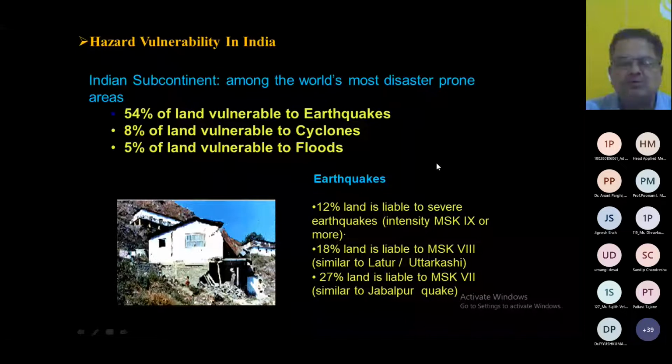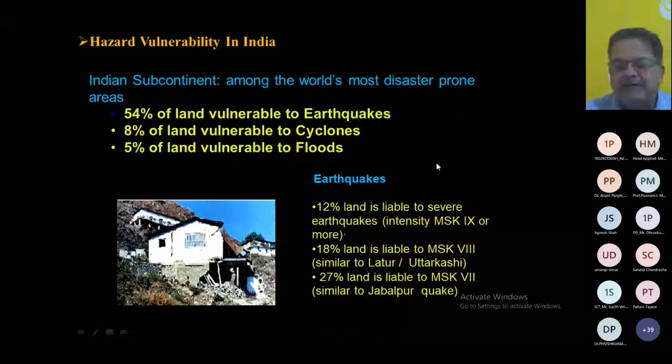So 12% of land is in zone 5, which is quite high. 18% of land is liable to MSK 8 intensity, which means zone 4, and 27% of land is liable to intensity 7, which means zone 3. For example, Ahmedabad, Baroda, Surat are in zone 3 as far as Gujarat is concerned.